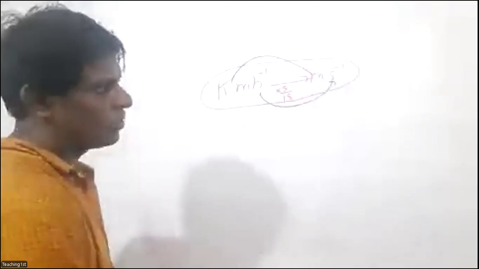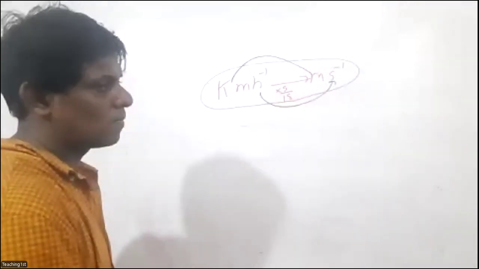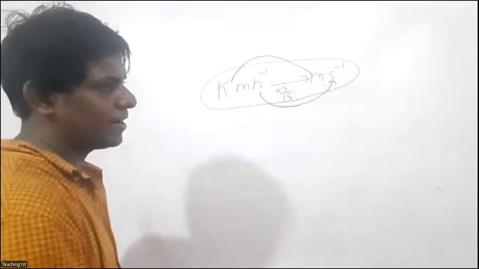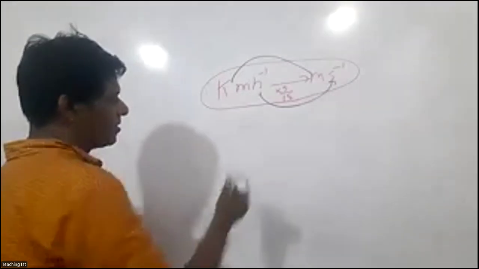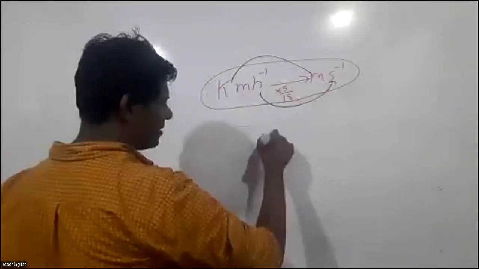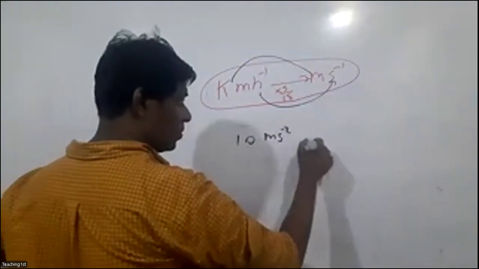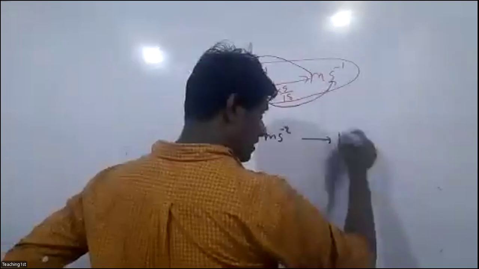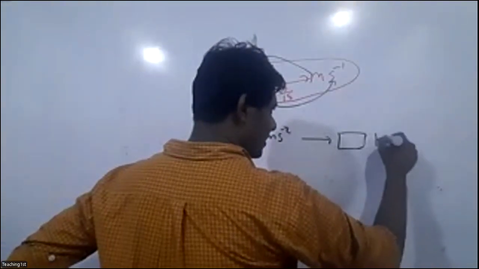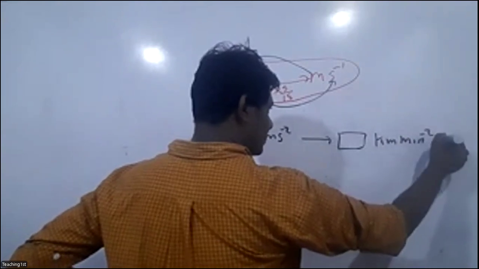Convert this to kilometers per minute square. You have to convert 10 m s^-2 to whatever the number is in kilometers per minute^-2.